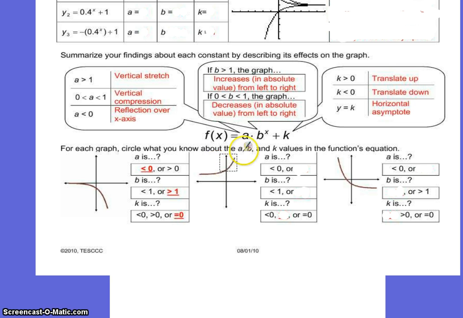Okay, let's look at the second graph. Because of how this looks different from the other one, I know that my A is going to have to be greater than 0. My B is going to have to be greater than 1. And my K is going to have to be less than 0, greater than 0, or equal to 0.